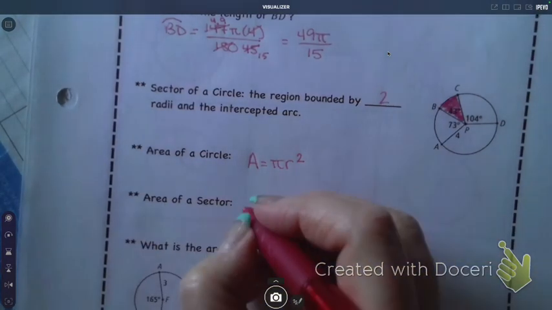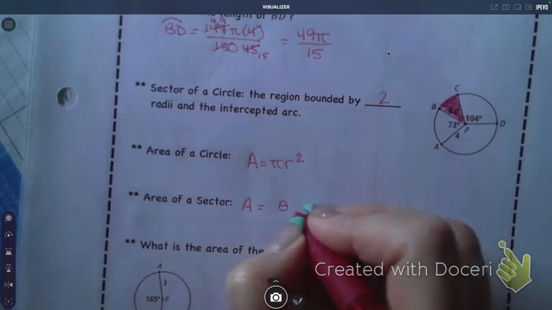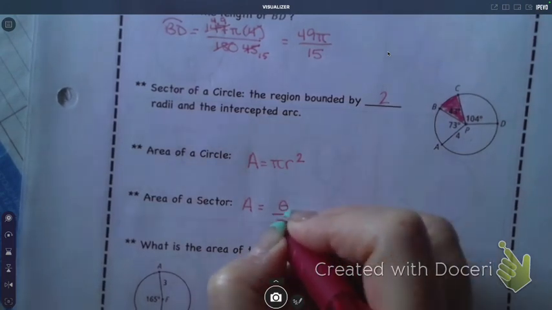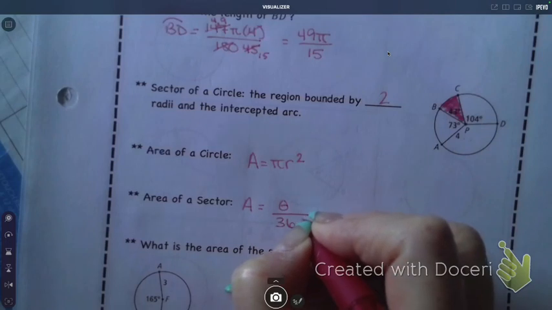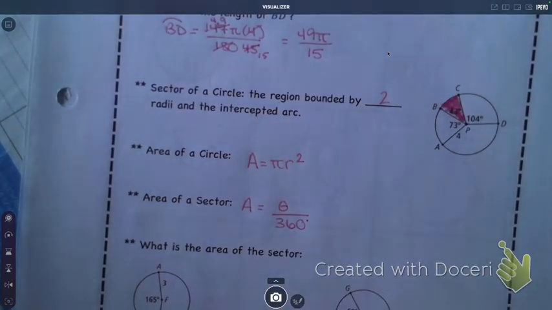Area of a sector, we still use an A. We're going to use theta over 360. Why am I using theta over 360? The angle. It's the portion of the circle I have, yes?